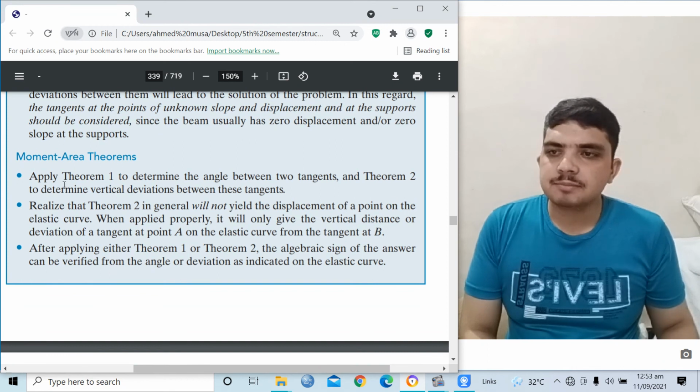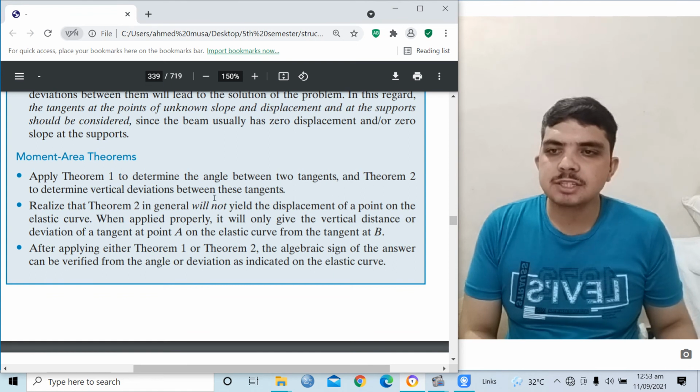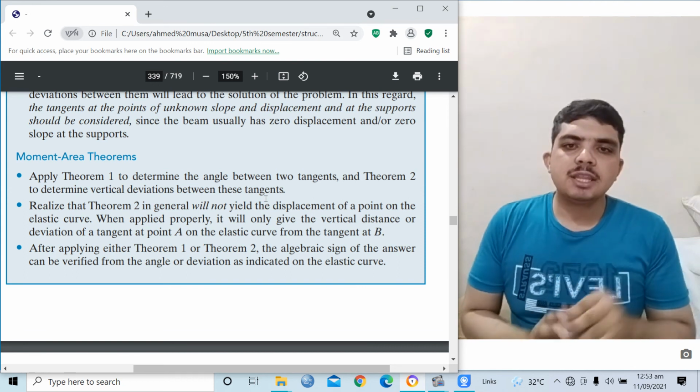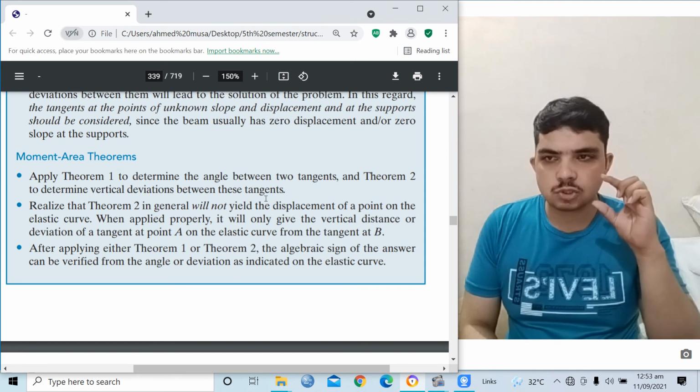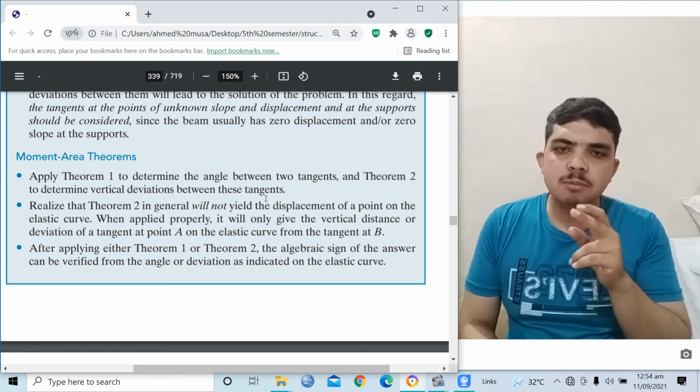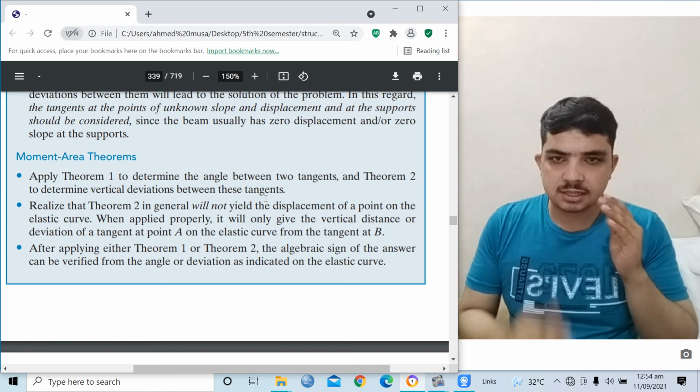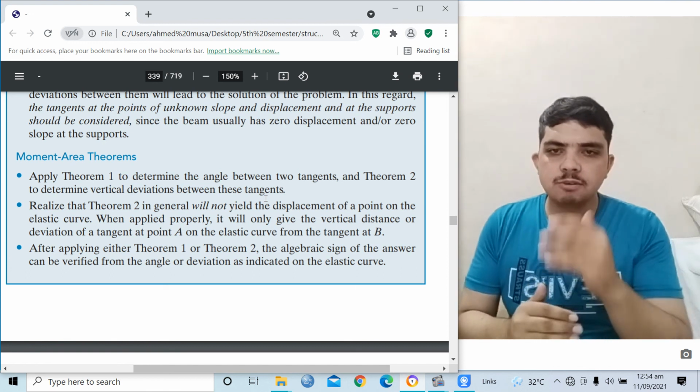Moment area theorem: apply theorem 1 to determine the angle between two points and theorem 2 to determine the vertical deviation between these tangents. For example, in the question, if we are required to find the slope or angle between two successive points, then we apply theorem number 1.